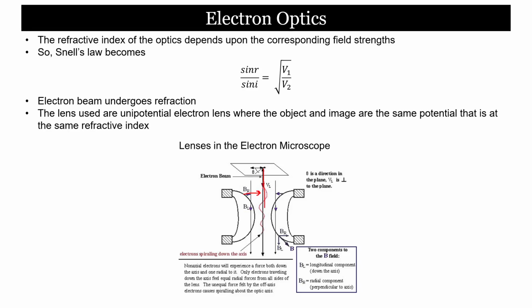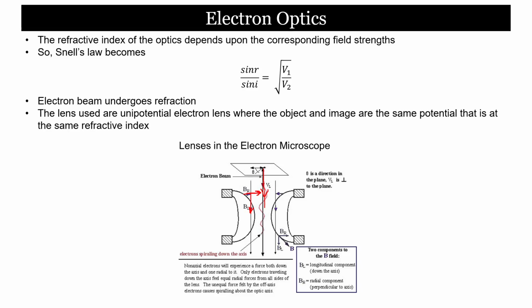So if the electron is moving vertically downwards, which I am showing now, and there is a magnetic field in this direction, this is the longitudinal and this is the radial part of the magnetic field.